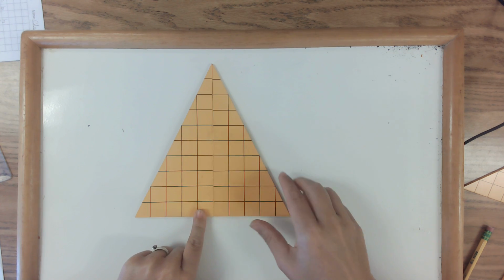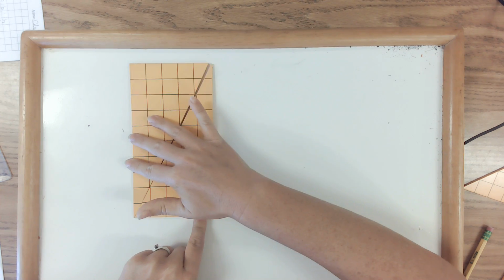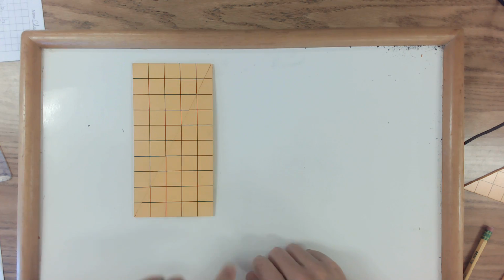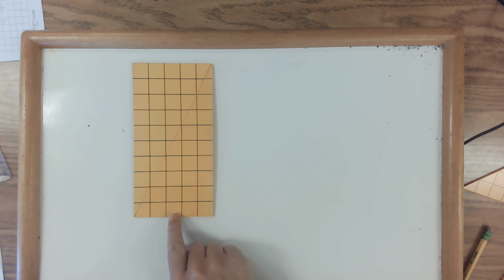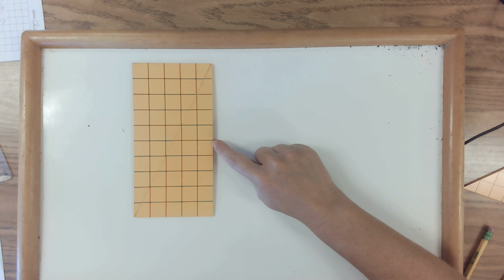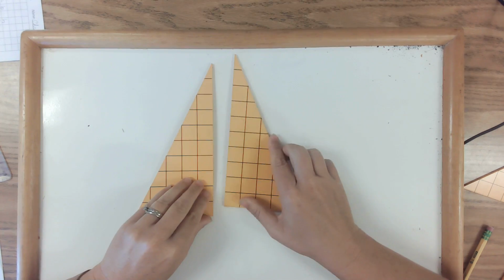It started out as 10, but when I turn it into a rectangle, it's changed. My base isn't 10 anymore. My base is 1, 2, 3, 4, 5. Well, it got cut in half. Let's see what happened to my height, if that changed in any way. So here's my height.